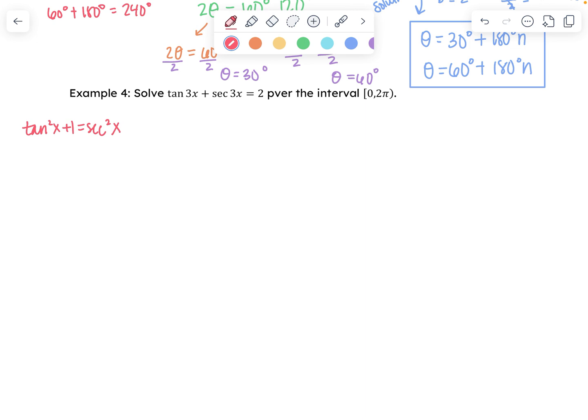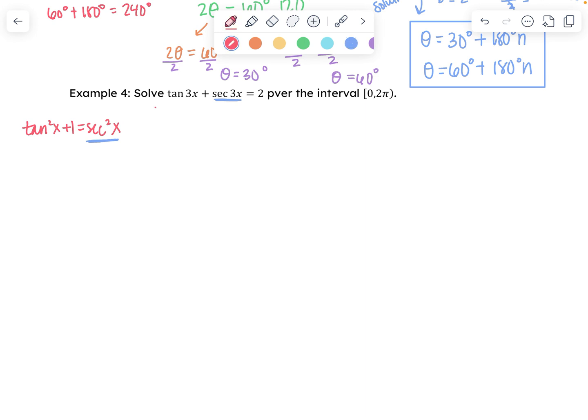Okay, I don't have my squareds in my equation, so that means I need to square both sides. Before I do this, though, I probably make my life a lot easier by moving one of them to the other side. Since it's equal to secant squared, let's get that secant by itself.